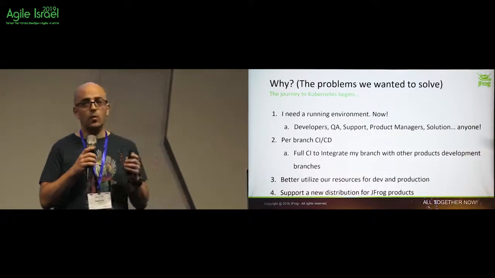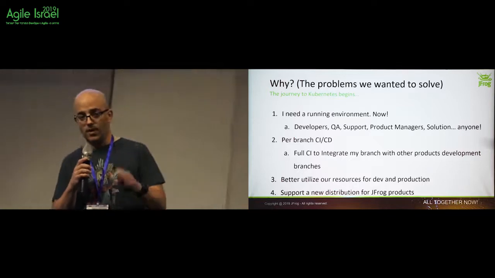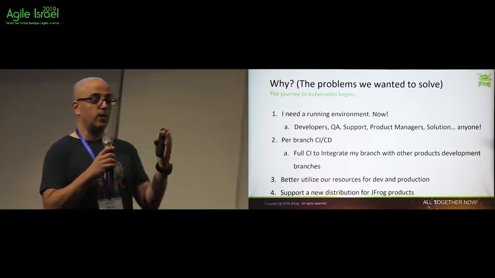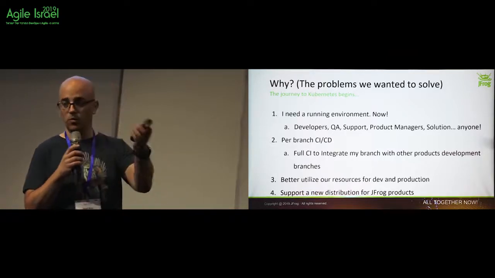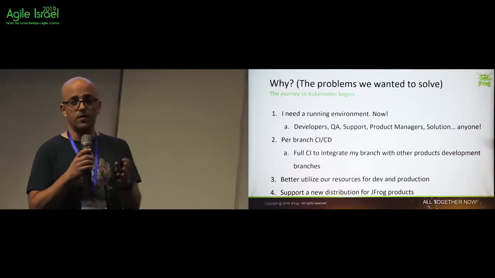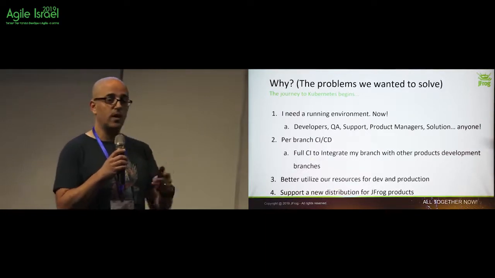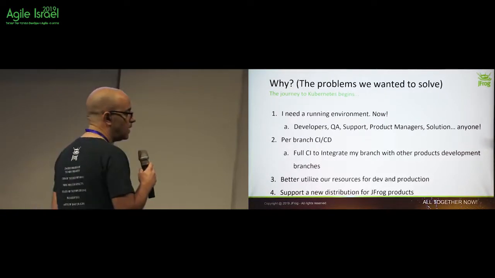We wanted to get better utilization of the resources that we have. Up until then, when you wanted an environment, you had to request a VM. Someone in IT or DevOps would provision a VM for you, and then you'd use it at maybe 20% of its resources for just a few hours, and that VM would be running idle for a few days afterwards.